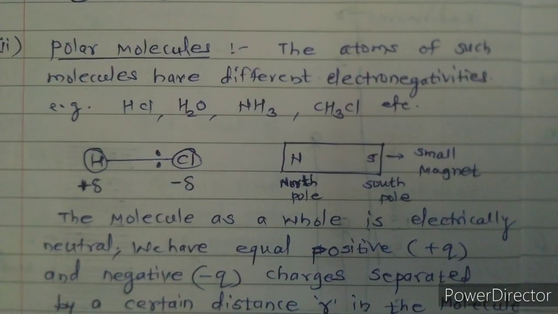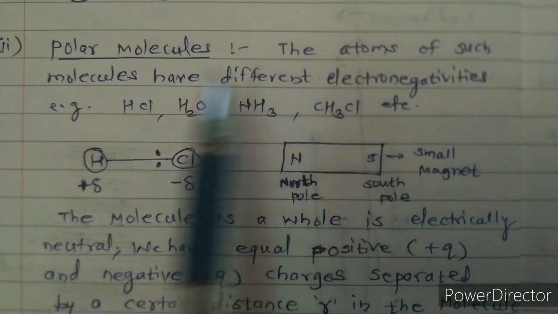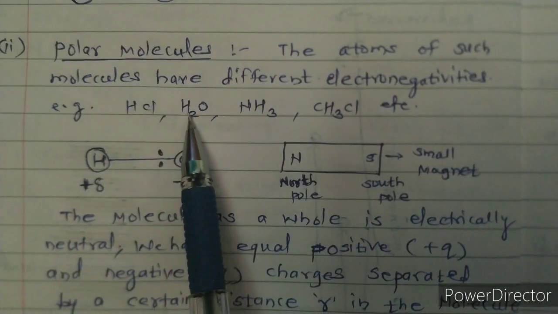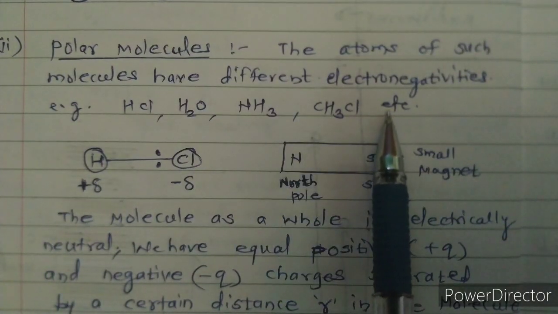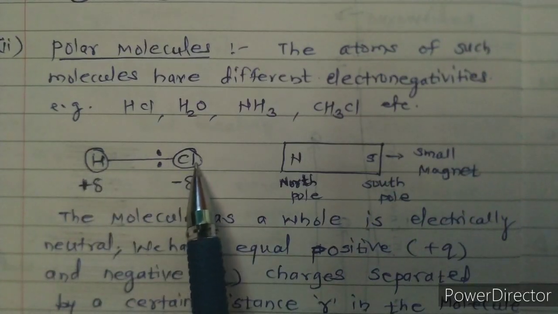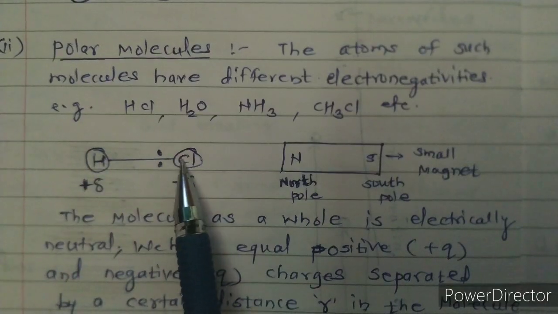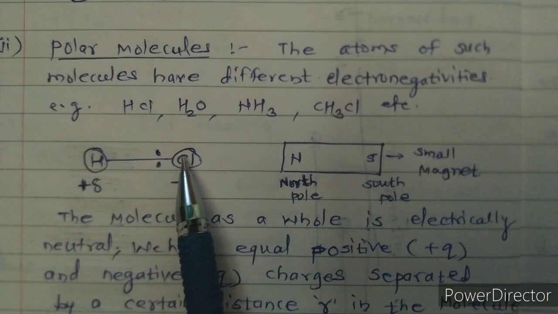In a polar molecule, the atoms of such a molecule have different electronegativities. For example, molecules like HCl, H2O, NH3, CH3Cl, etc. Let us discuss the example of HCl. Hydrogen consists of one electron, and chlorine in its outermost shell consists of 7 electrons.